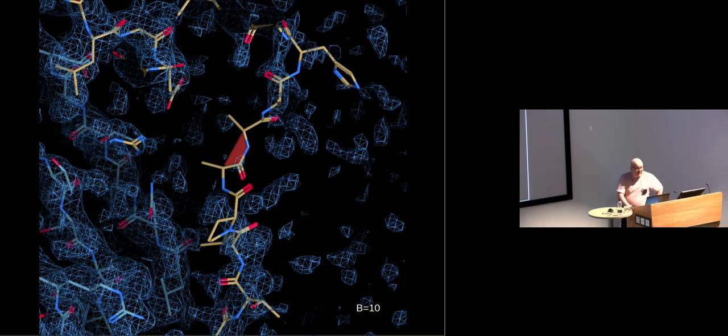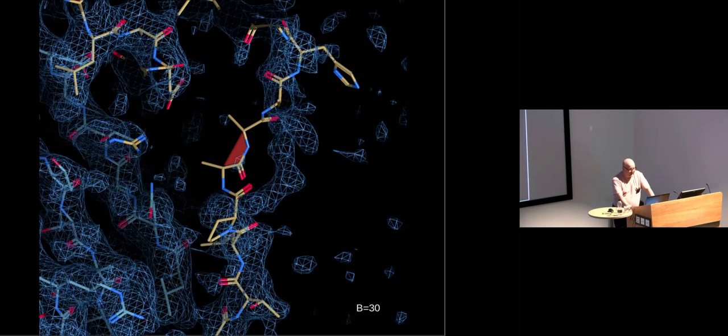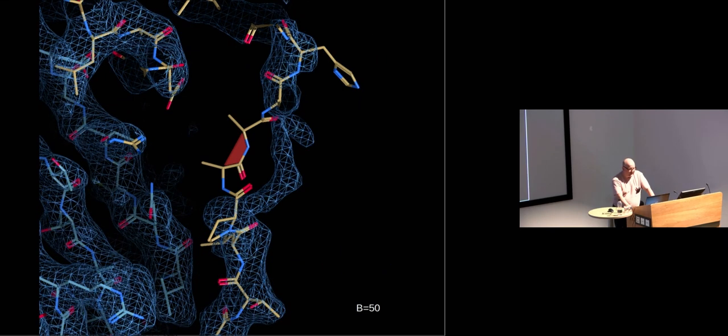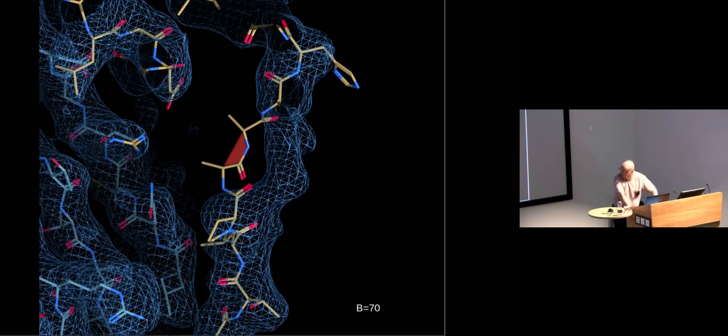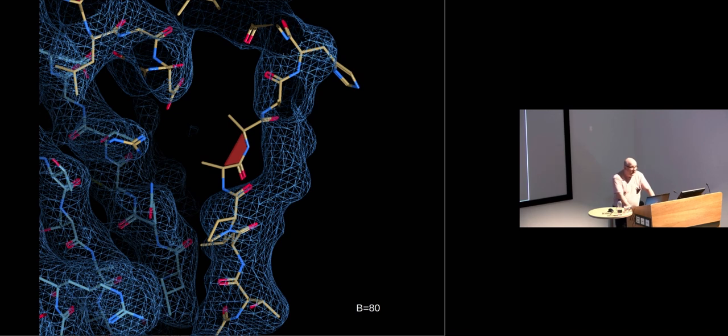So what I'm going to do is display a set of reconstructions that have B factors applied. And you can see, by adjusting the B factor, that there is indeed a better place that we can move that peptide or those few residues to better fit the map.